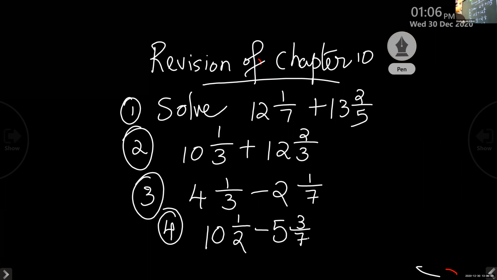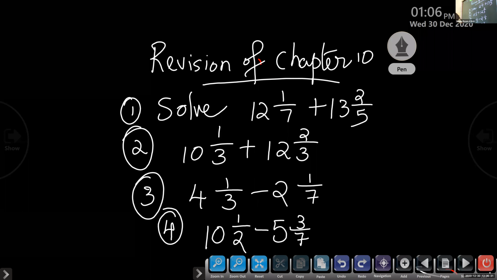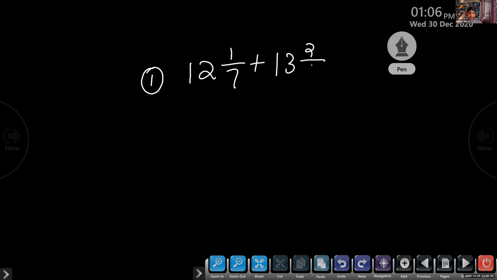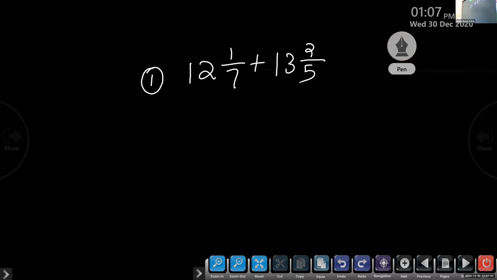Okay, we'll discuss now question number 1. Question number 1, 12 and 1 by 7, 13 and 2 by 5. Convert this into improper and tell me. 85 by 7.